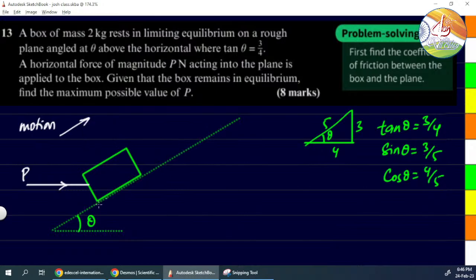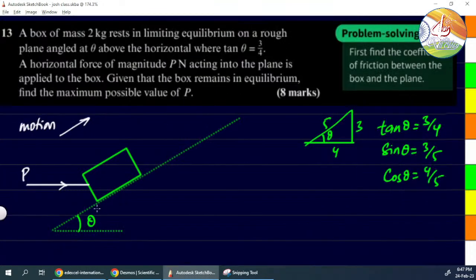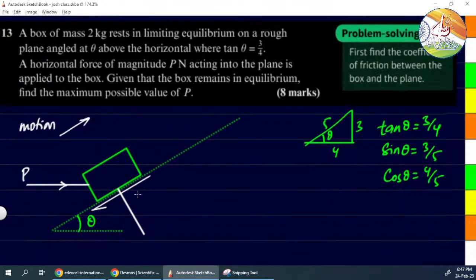Motion will happen in the upward direction, so friction will act in the downward direction. Normal reaction will always act perpendicular to the plane. Because the box remains in equilibrium and the value of P is max, motion will be tending to the upper side.